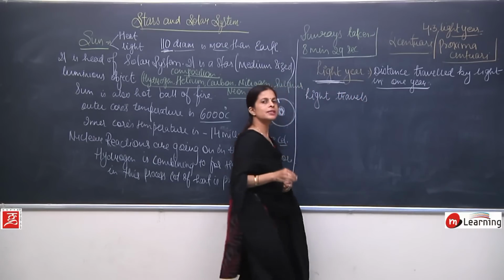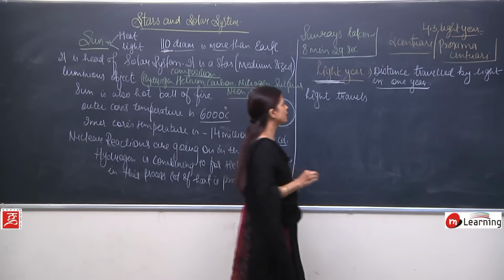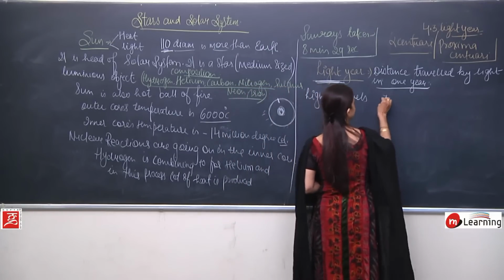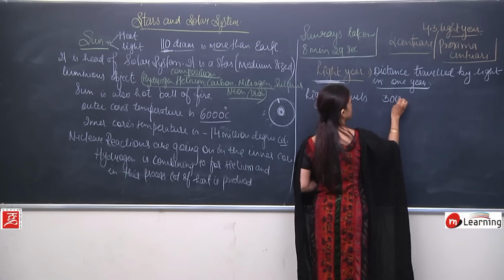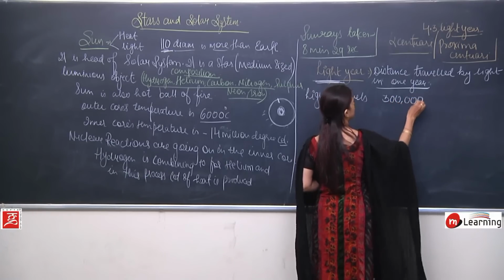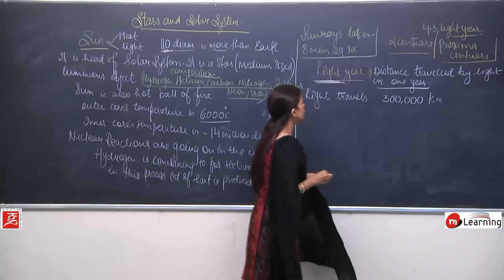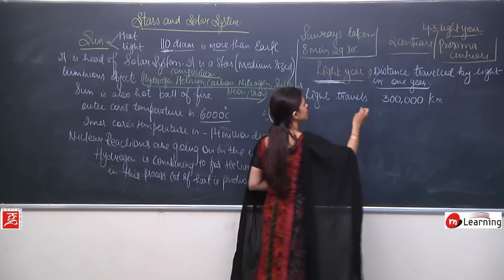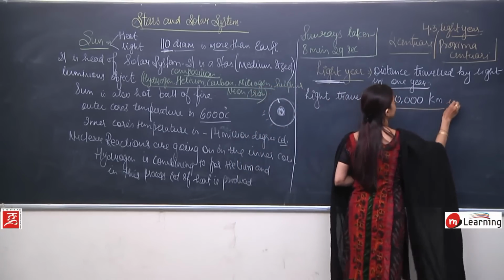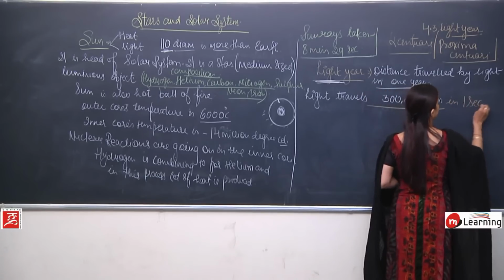I will just keep on writing the zeros over here. Light travels 1, 2, 3 kilometers, okay. So light travels this much distance in 1 second.